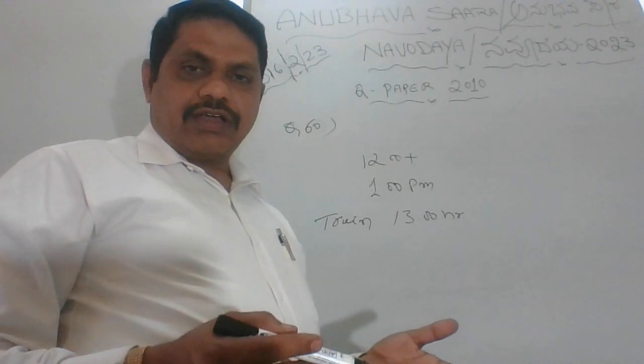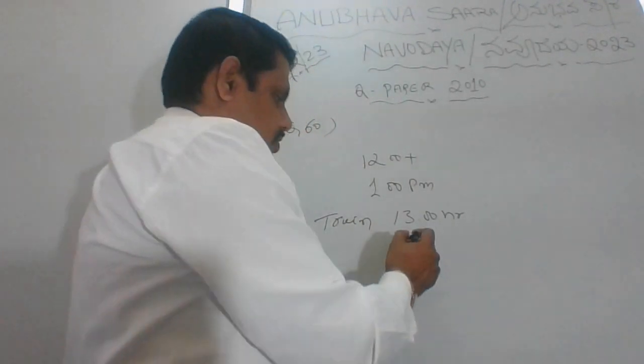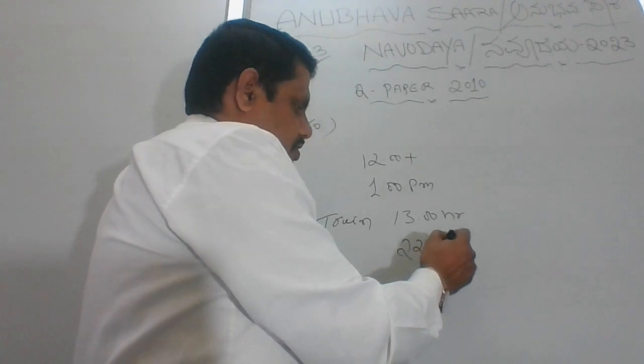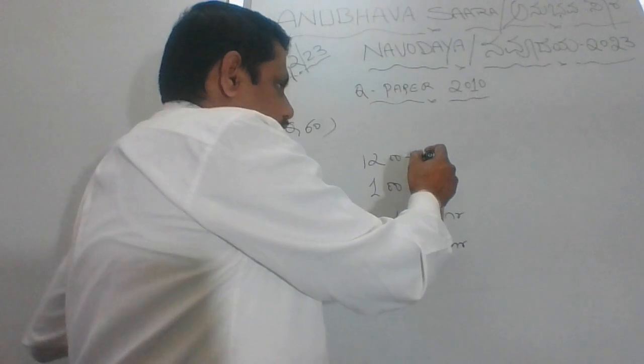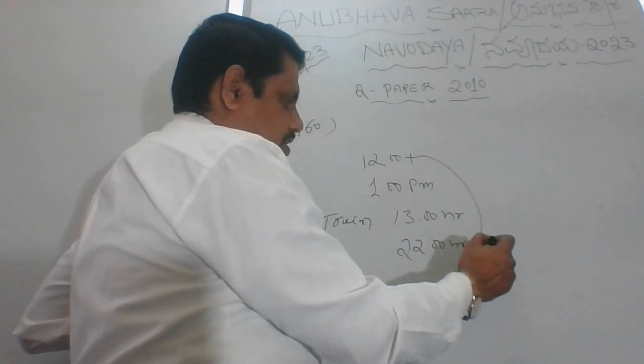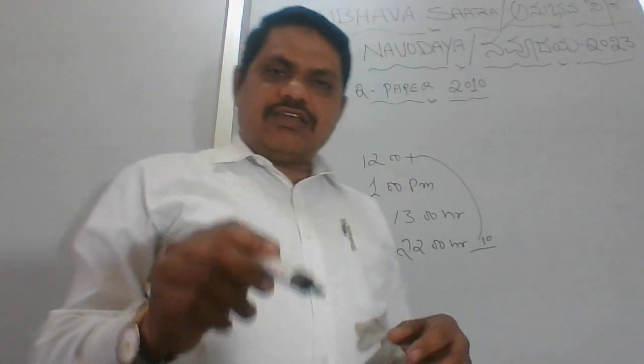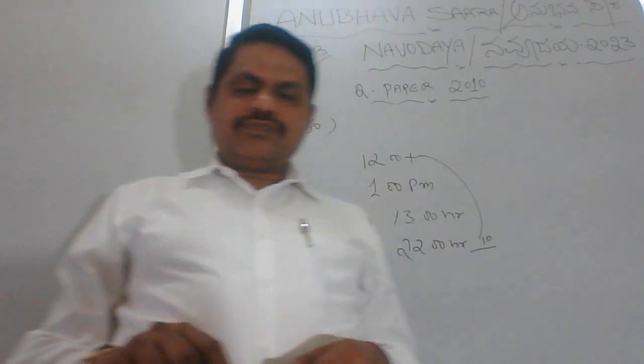Then how will we calculate for night? If it's 22 hours, it's very simple: 12 plus 10 is 22 hours. That is night 10 o'clock. Clear?